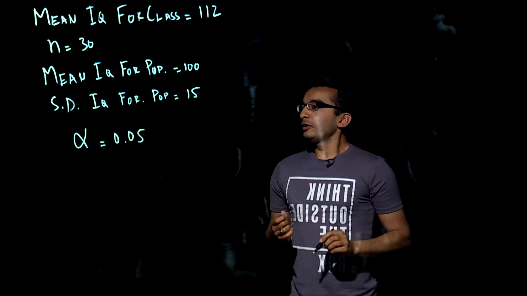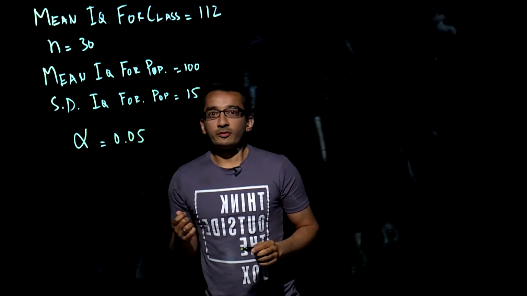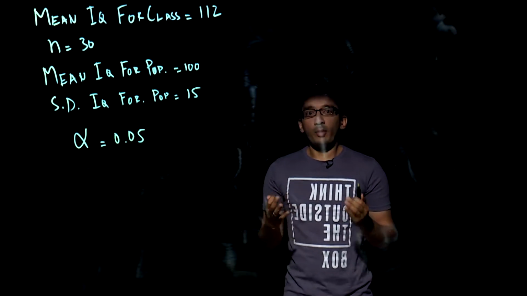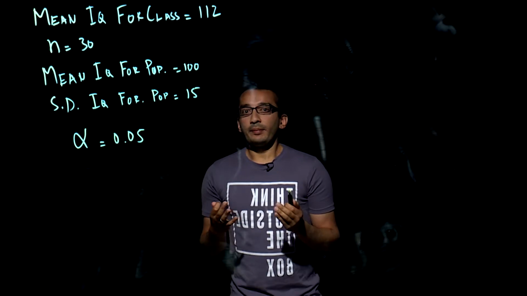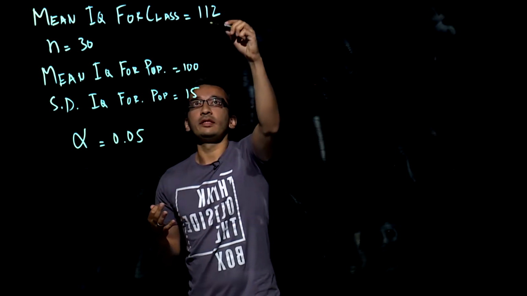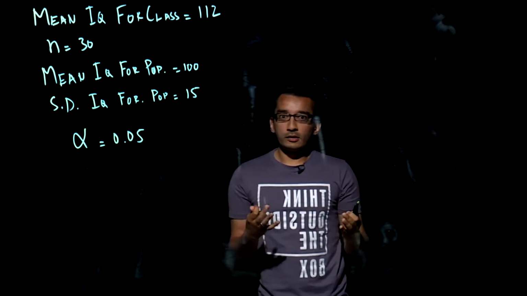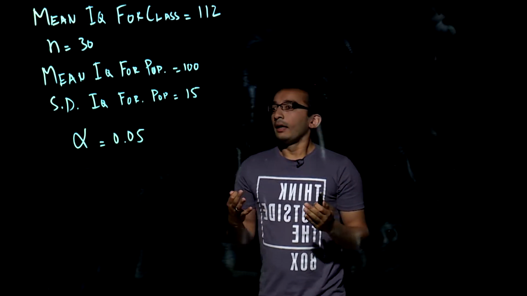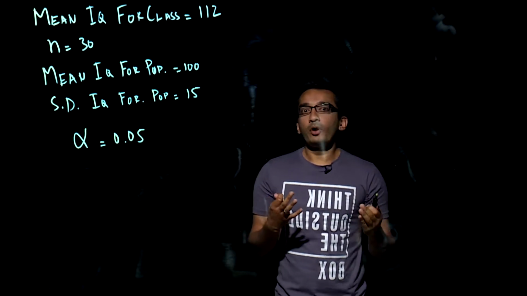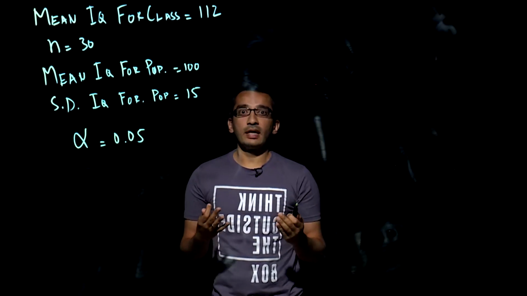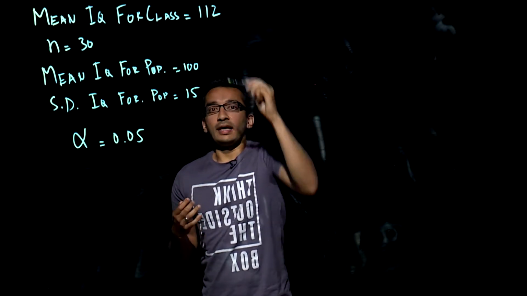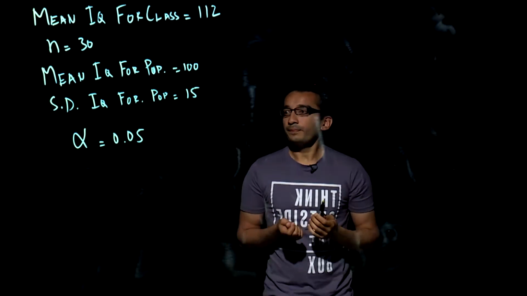What this 5% level of significance means is that if we actually reject the null hypothesis, we can be 95% sure that there's actually a difference between these two means. In other words, if we figure out that we are rejecting the null hypothesis, there's a 5% chance of making an error in concluding that the difference actually exists when it does not.